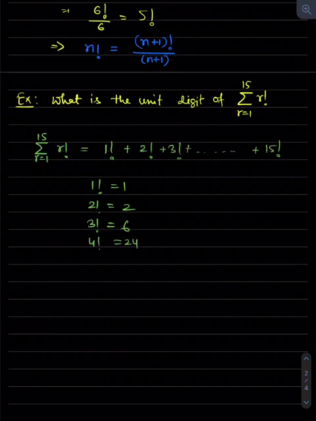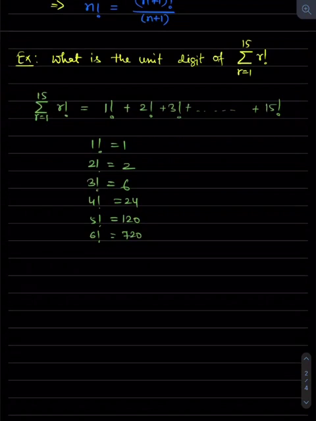I'm also writing here 6 factorial is 720, and after that whatever comes, the unit digit will be 0. Now we will add this. So add it. This sums to 33.